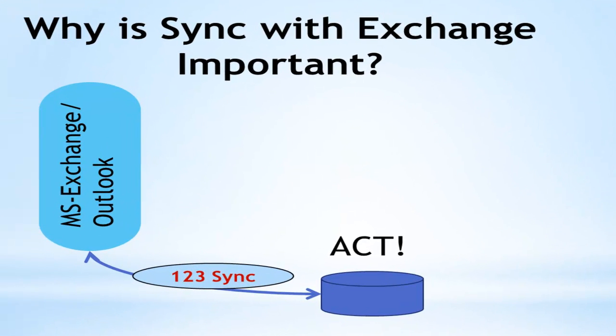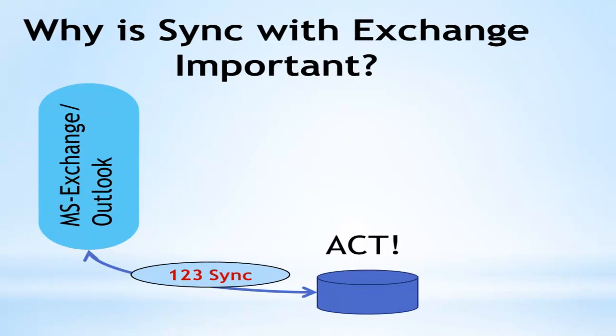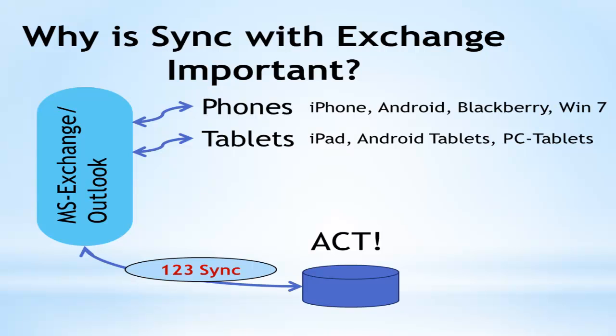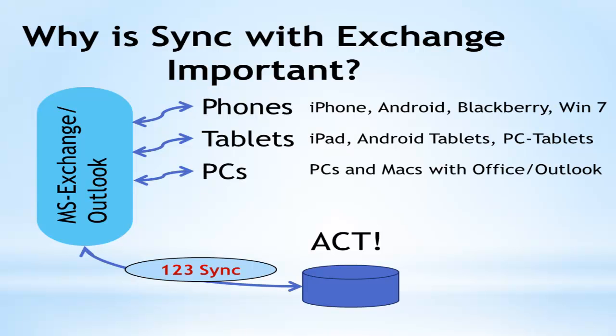So why is it so important to have the data in Microsoft Exchange? Well, Microsoft Exchange synchronizes with phones: the iPhone, Androids, Blackberries, or Windows 7. It also synchronizes with tablets, the iPad, the Android tablets, and the PC tablets, as well as other PCs.